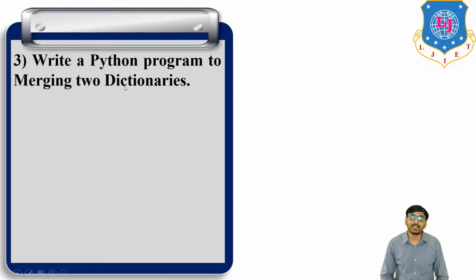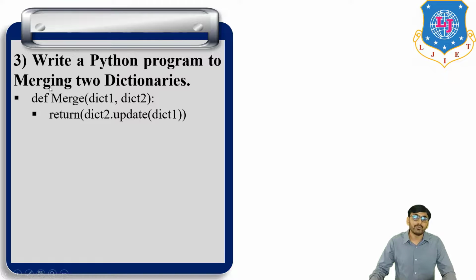Now a dictionary is one type of data structure, we know that, and it is a mutable data structure. We can change the value of a corresponding key, and a dictionary contains a number of key-value pairs. Okay. So in this program, we merge two dictionaries.